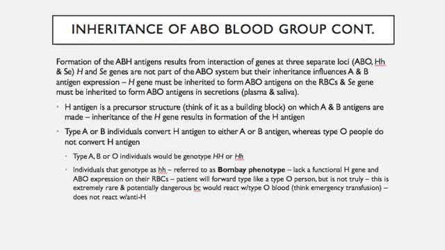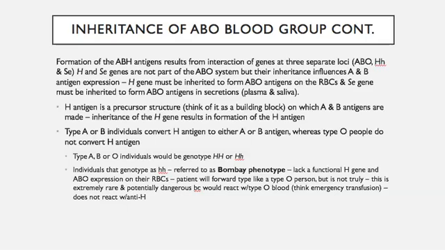Type A, B, or O individuals could be either genotype big H, or big H, little h. Individuals that genotype as little h have what is referred to as the Bombay phenotype. These people lack a functional H gene, and they also lack any ABO expression on the red cells because they don't have those big H antigens to convert to A or B. The patient is going to forward type like a type O person, but they're really not.